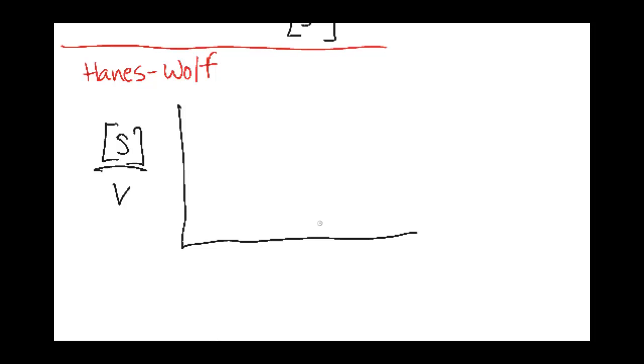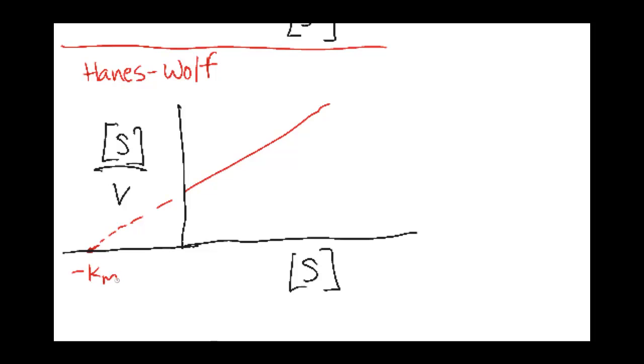as your saturation curve. Alright, and if we do that one, we get the linear relationship and extrapolate down to the x-axis, what we get there is a negative Km for the x-intercept.